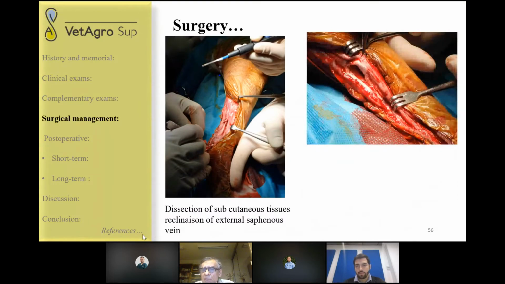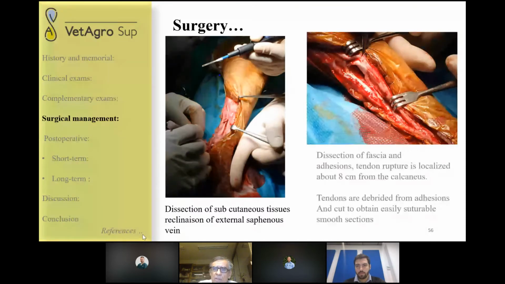At this time, we debride. Next slide, please. We do the dissection of the fascia and remove adhesion, and we split the tendon until the beginning of the gastrocnemius muscle.